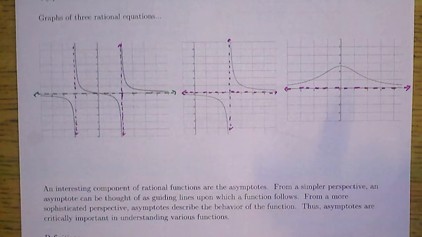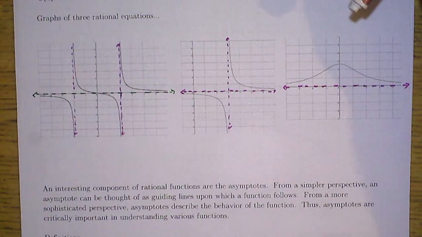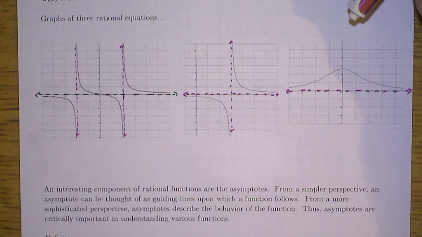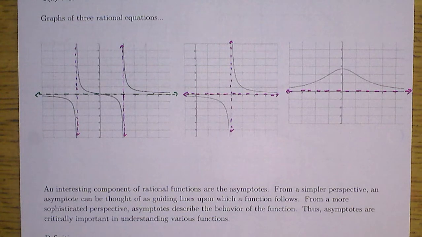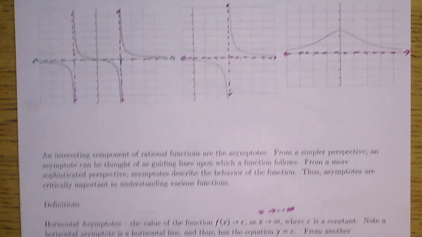So it's really important to understand what an asymptote is, and let's go straight into the definition. You may have to work hard at this definition to understand it, but I'm hoping we can go back and understand it a little bit more.